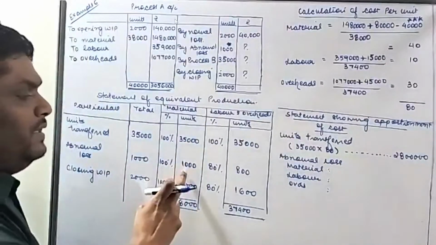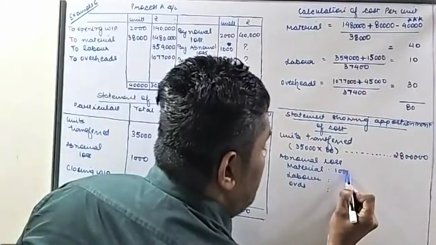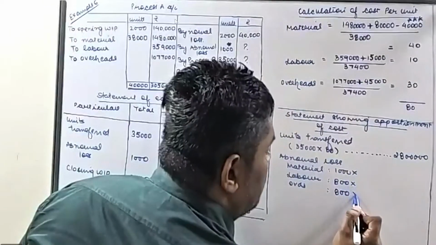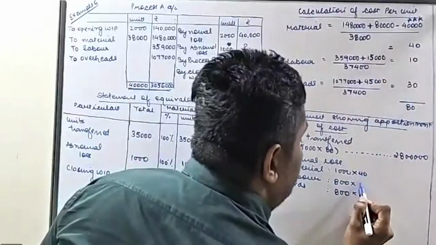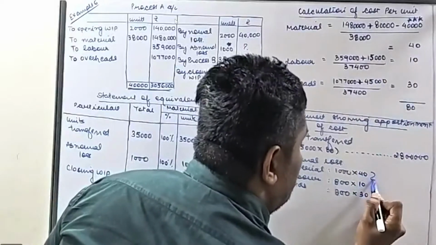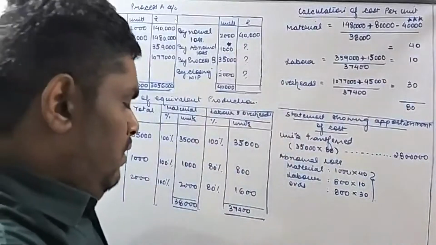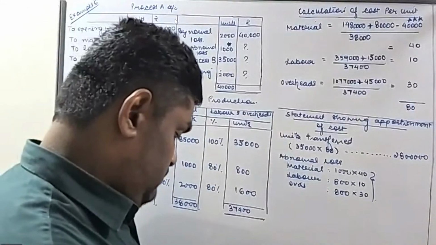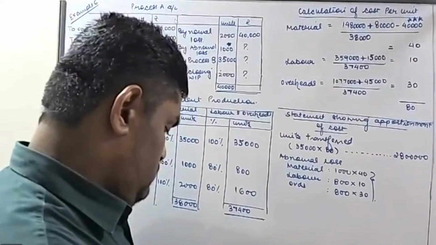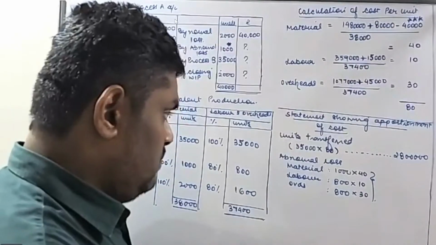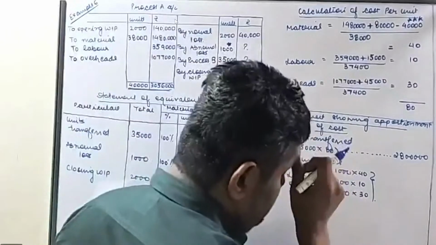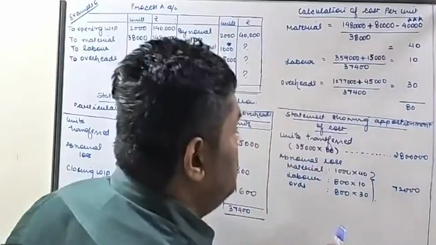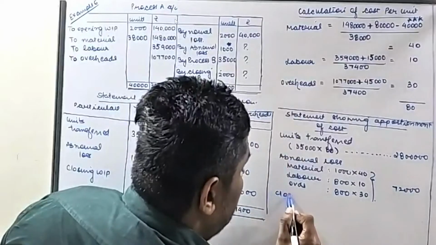So abnormal loss, 1,000 units in respect of material, and for labor and overheads it is 800 and 800, into 40, 10 and 30. This will be 72,000.